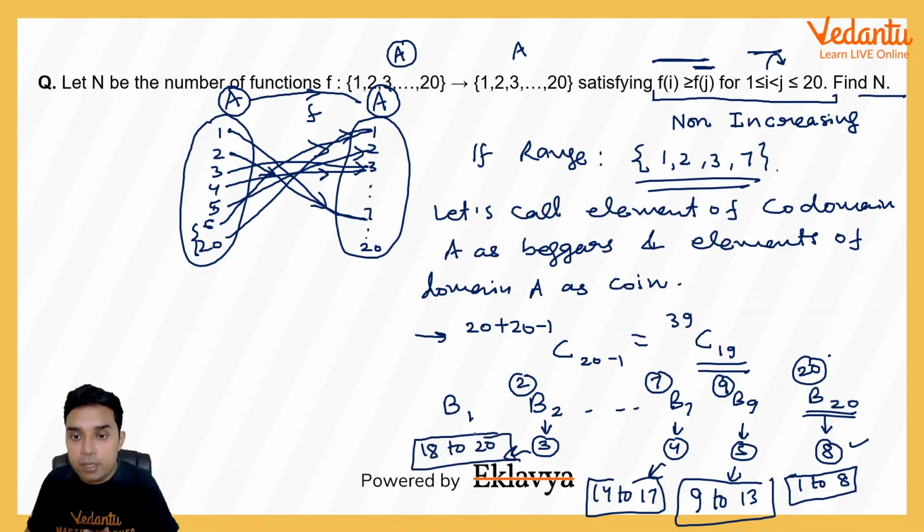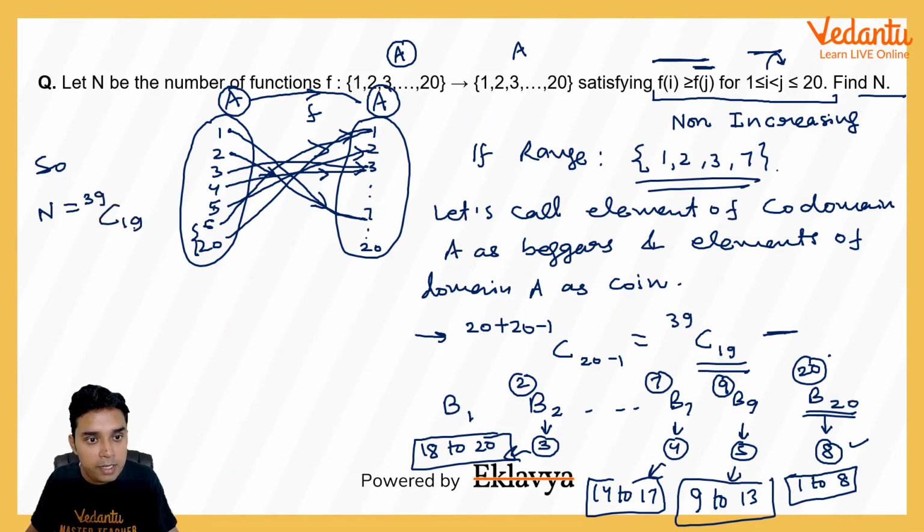So what I am trying to tell you is that once we have found in how many ways the 20 elements of the first set or domain set A can be distributed to 20 elements of codomain set A, after this we have only one way to connect them, isn't it? So this n has to be 39C19 only. That is the answer. I hope you have understood how easy it was. Just the beggar coin method was sufficient to solve this question. So this is how it can be done.